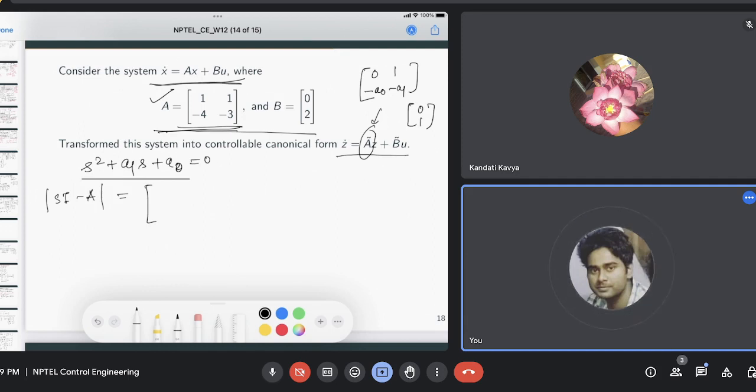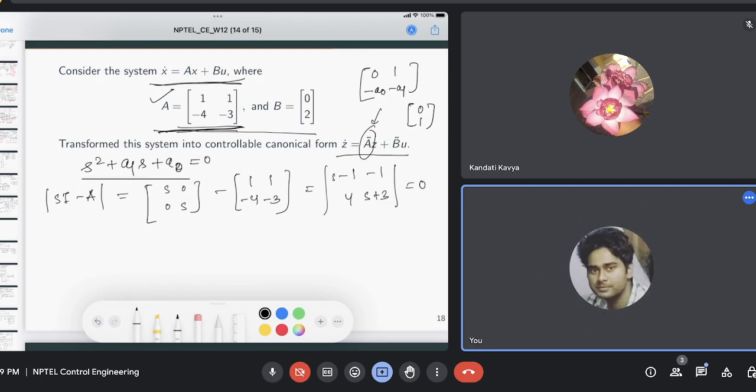First we write the characteristic equation for this A matrix, without the design. So the determinant of s minus 1, minus 1, 4, s plus 3 equals 0.